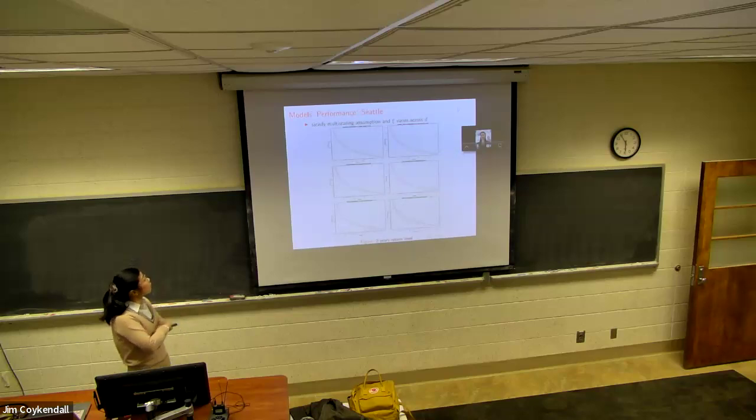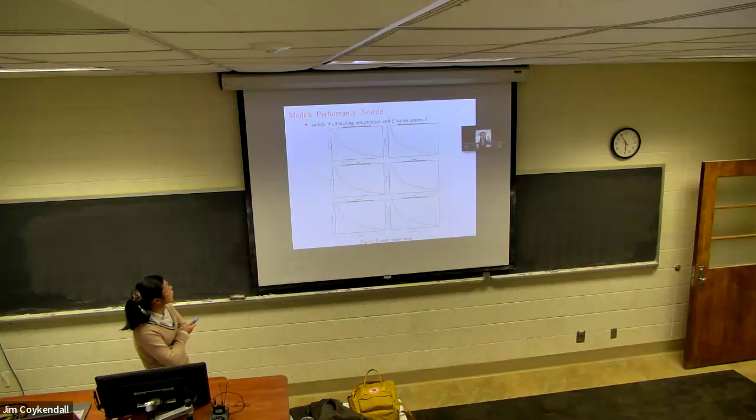Then we want to see the performance of those dGEV models in a more realistic data set. So here is the estimation of the 2 year return level. As you can see, the GAN model captures the ground truth in here.